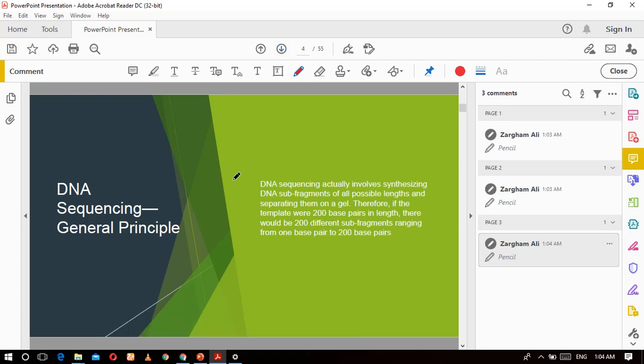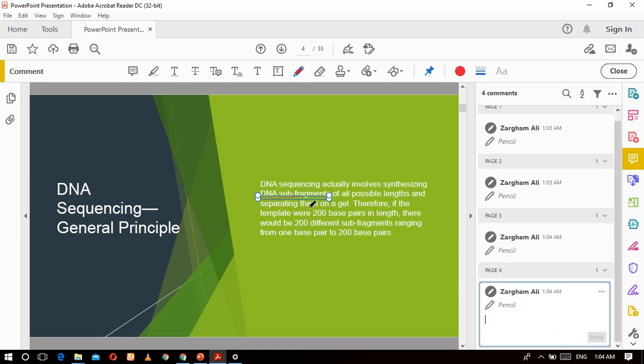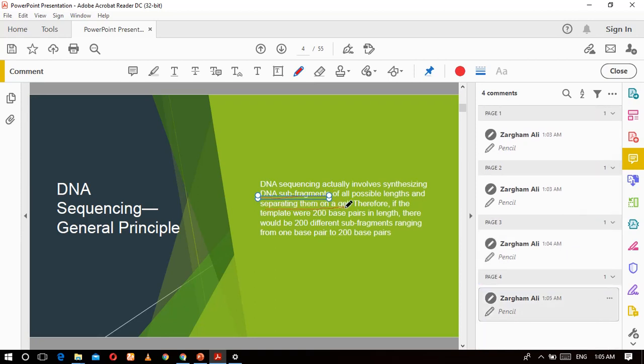The general principle of DNA sequencing is that it synthesizes various kinds and various lengths of DNA subfragments, and we separate them on a gel to get the desired bands, and on this basis we determine the sequence of our DNA.